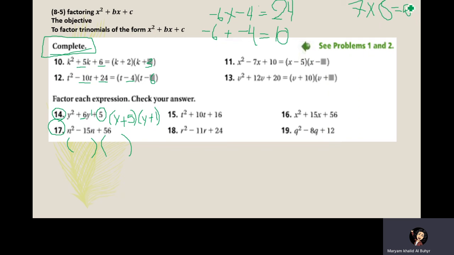So let's check this. But here it's subtraction, so we can put both of them negative. Once we add them, they have the same negative sign, so we will get negative 15. So that's what we have to write: n minus 7 and n minus 8.